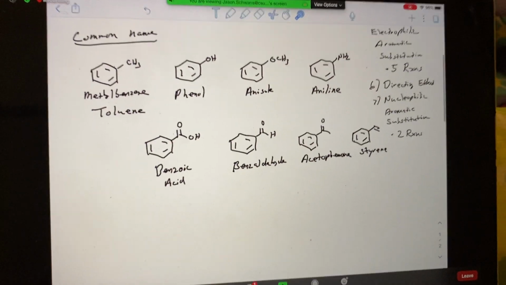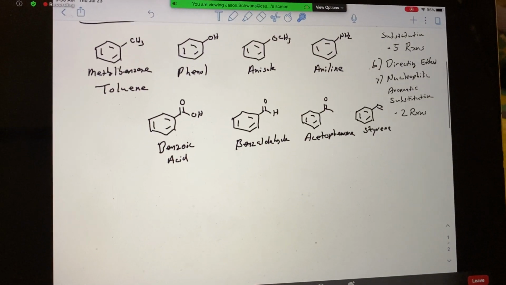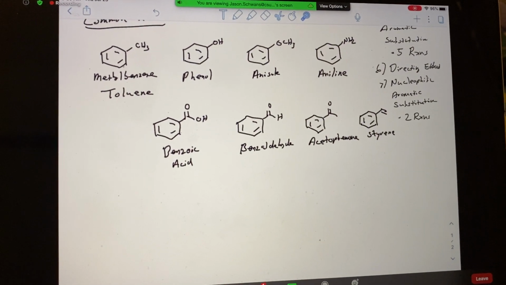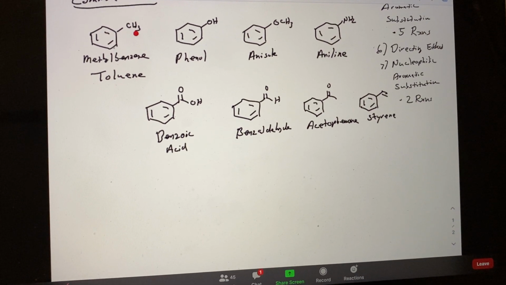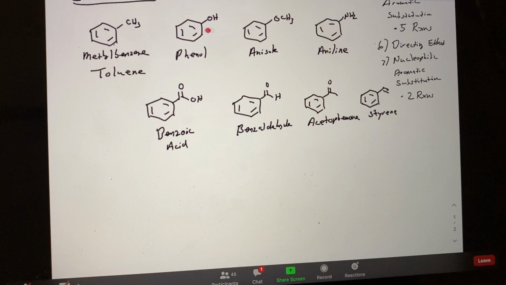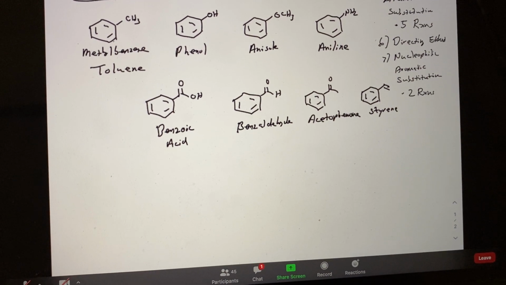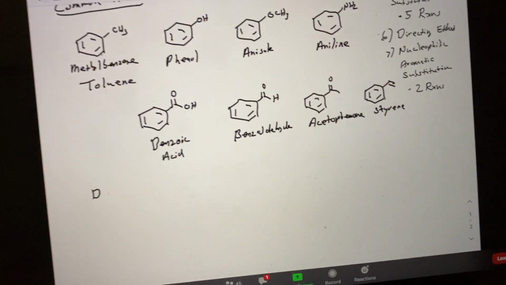Okay, so now more with these common names. Let's think about benzene-related compounds that have more than one substituent on it. So all of these just have either a methyl group or a phenol or so on. So now let's consider disubstituted benzene.